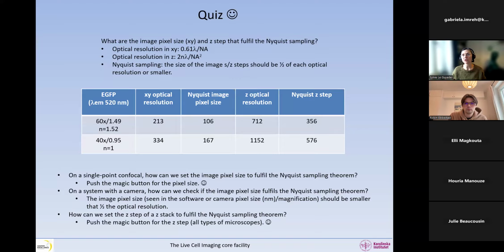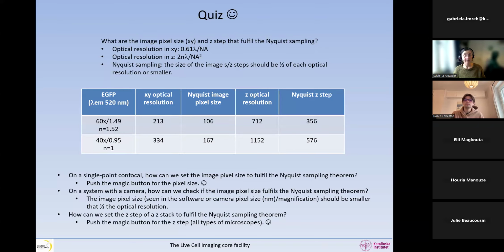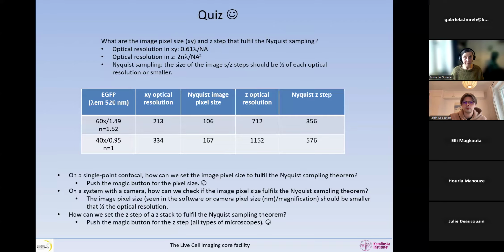So the calculation is more complex, let's say, than what we have used in this course. But I'm not sure, to tell you the truth. I don't know how they calculate it in the different software, but I would assume that they are doing their calculation properly, so that if you click on the Nyquist button, you get the correct Z step. I think that would be quite interesting to check.